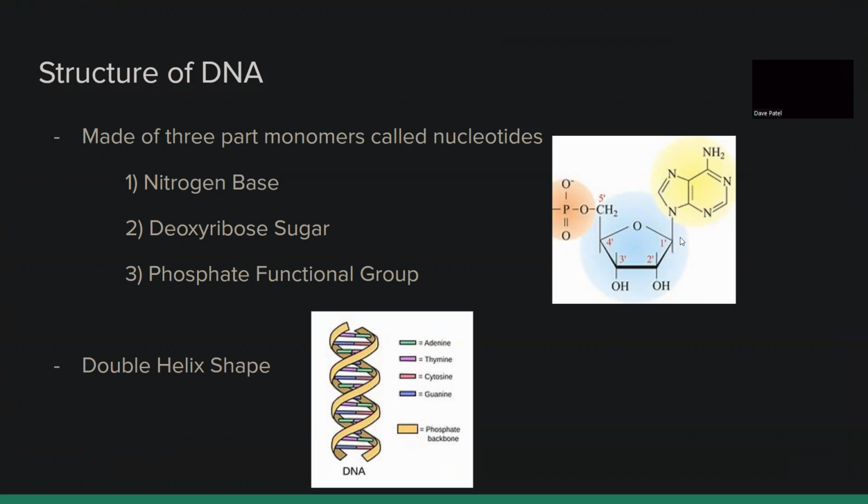Carbon 1 is directly clockwise from the oxygen. And you obviously have the hydroxyl groups. Then here you have the nitrogenous base, which you don't know what it is in this case, but you do know it's a purine. I'll get to that in the next line. And down here you can see the double helix shape. It's a nice visual, right?